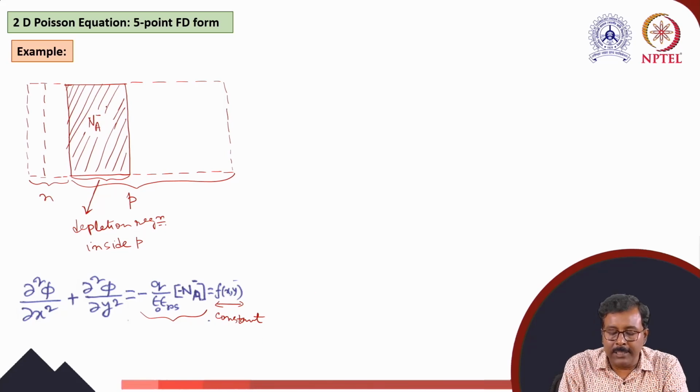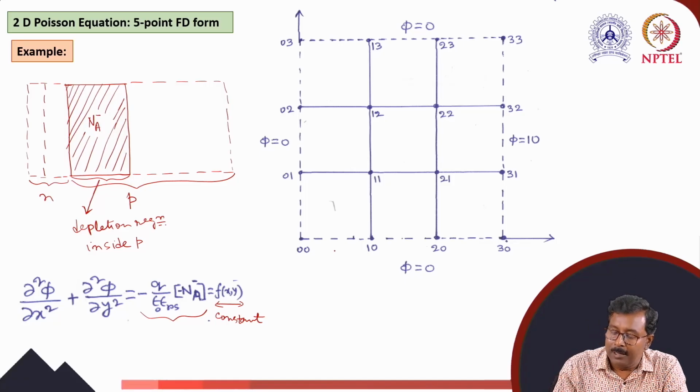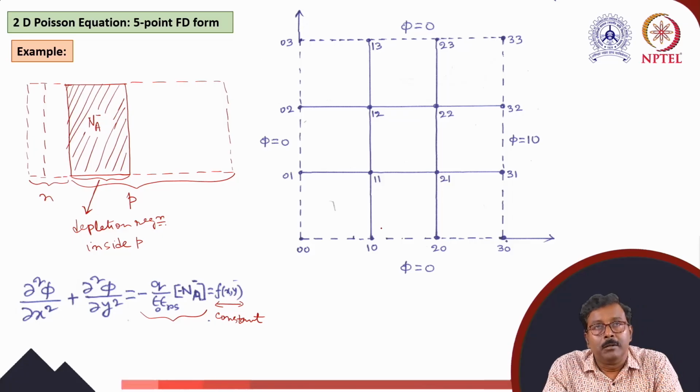We have to first discretize this portion, and let us consider discretizing in this way, with some boundary conditions. Starting from this point to this point, we are dividing into a square mesh.